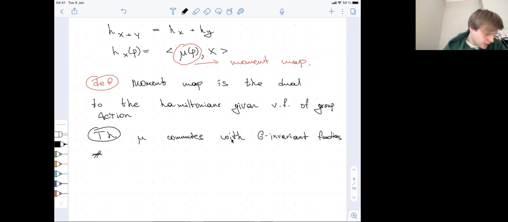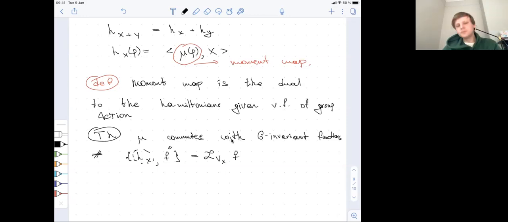The proof is quite easy. First of all, let me take h of X. This is definitely a function on my manifold because it's defined for any point. And take f to be a G-invariant function. When I compute the Poisson bracket with the Hamiltonian, it's the same as computing the Lie derivative with respect to the vector field which corresponds to this function.